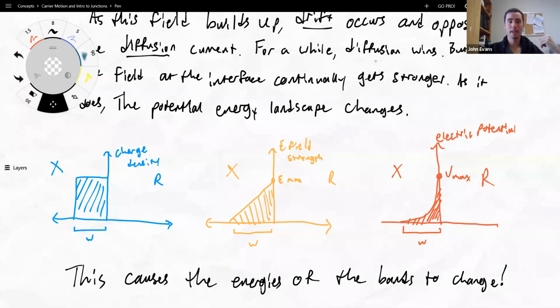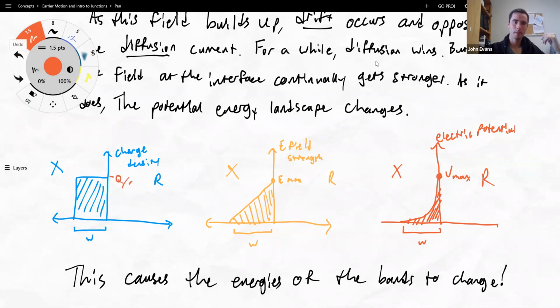And the way that it happens is we are going to have, let's say this is the charge density. So this is going to be like some Q over volume. It'll sort of max out, and we'll get to why it is like a square like this in the next lecture. But just take my word for it for now, that over some width, some thickness of our semiconductor, we get a charge buildup as we're transferring charges.